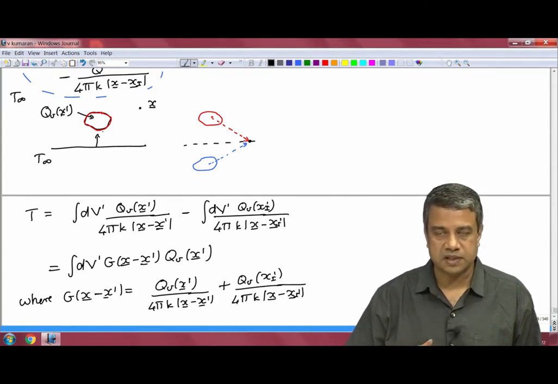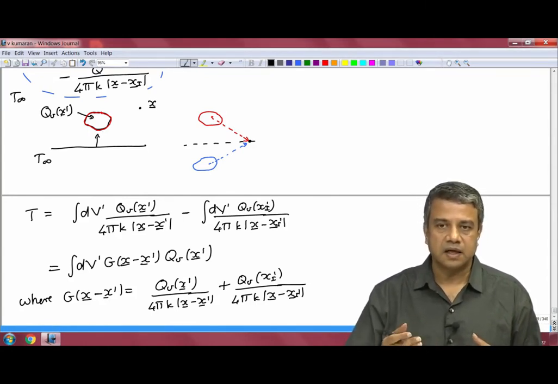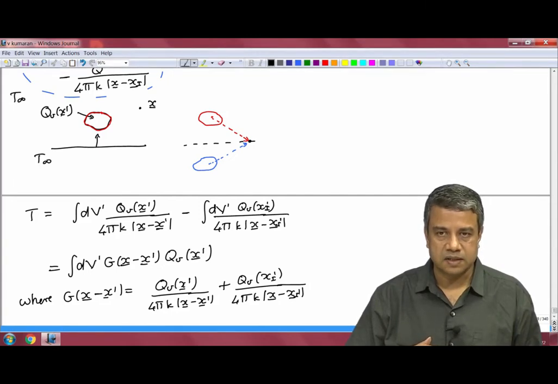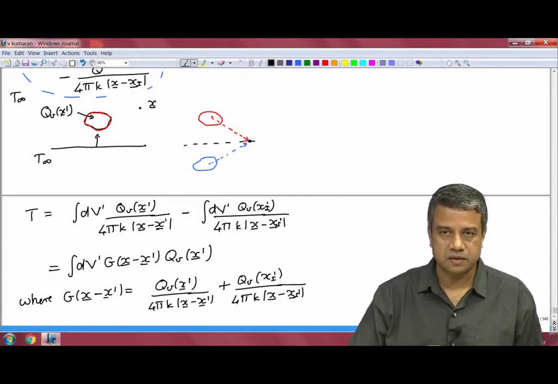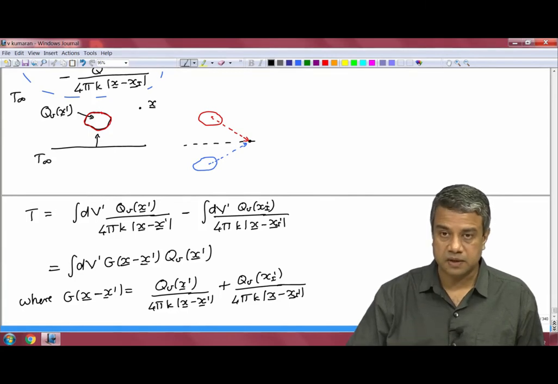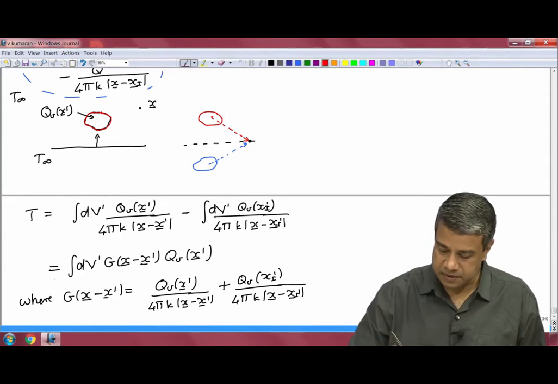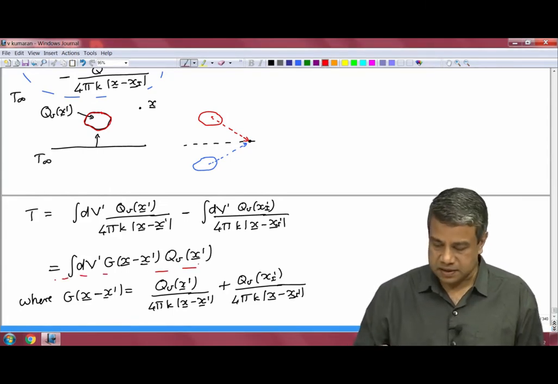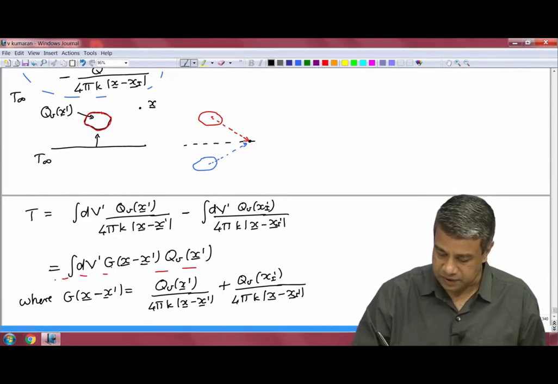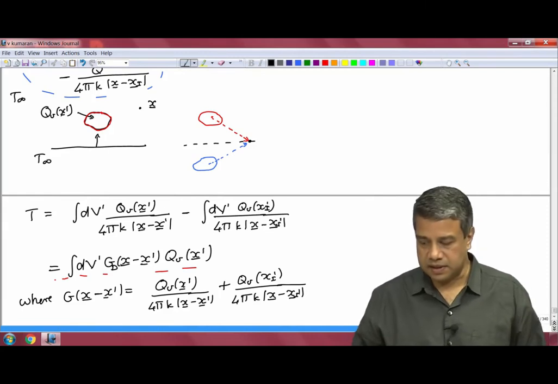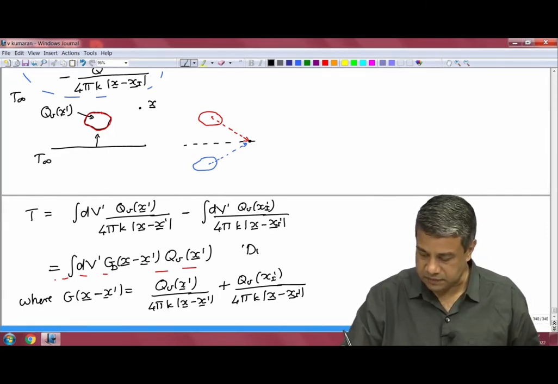So, this is an image source which is located at a distance below the surface. The distance below the surface is identical to that of the source above the surface for each point on the source. In this way I get back the same expression for the temperature field, except that this Green's function is slightly modified. This is called G_D, the Dirichlet Green's function.